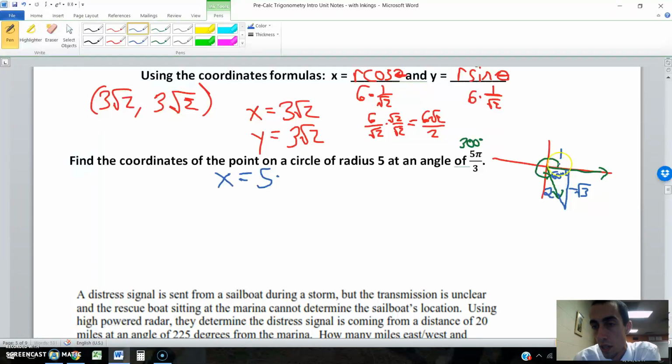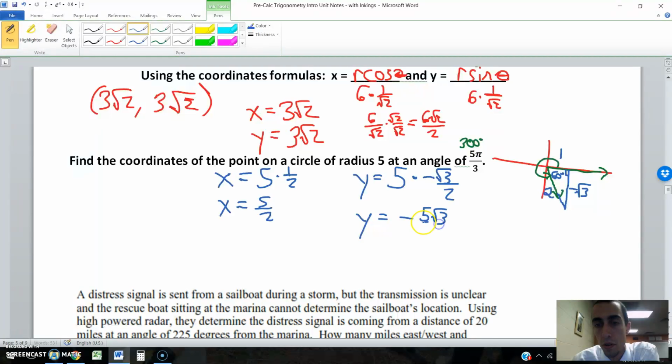Now, cosine of this angle is x over r, so 1 over 2, which is 5/2. Then the sine of this angle will be y over r, negative root 3 over 2. So those are our two coordinates.